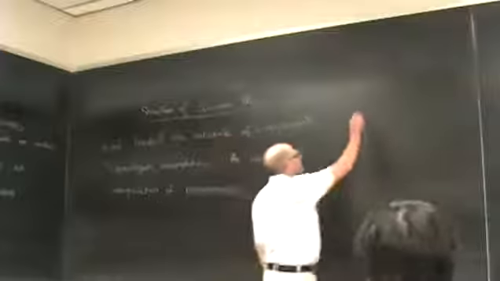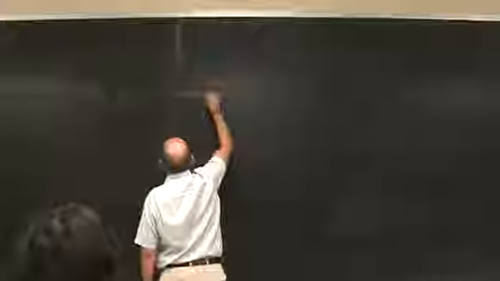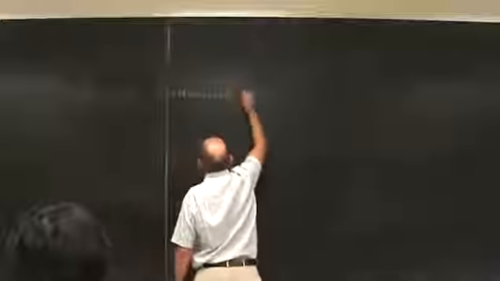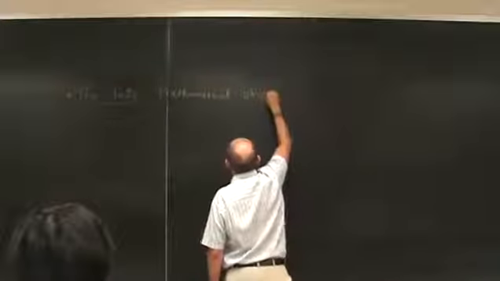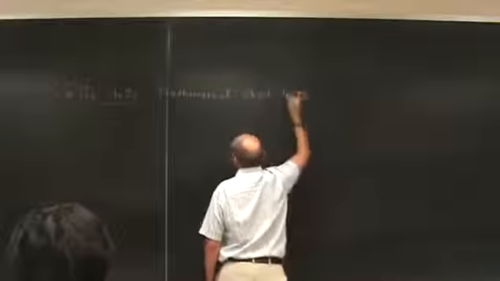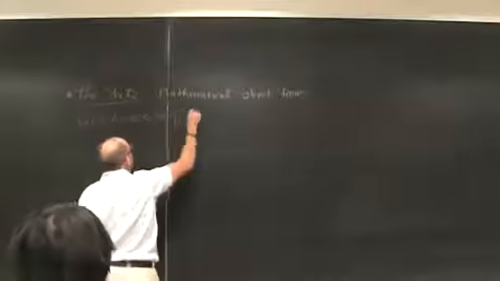Okay, so the first tool we have is something we call the state. So this is our first tool. And what is the state? The state is a mathematical tool or mathematical object from which we can calculate.